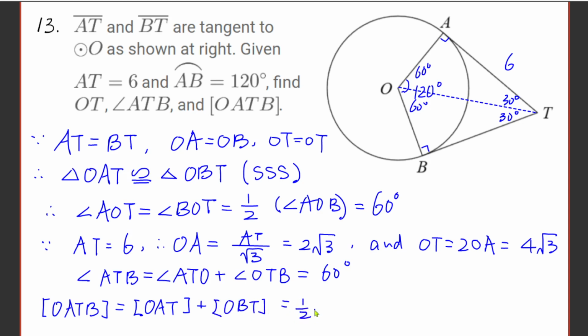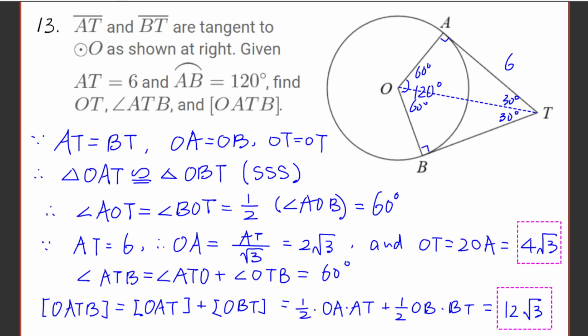And this is 1/2 of OA times AT plus 1/2 of OB times BT. And eventually we have the area is 12 square root 3. Okay, have a look at the solution here. Any questions, just let me know, okay?